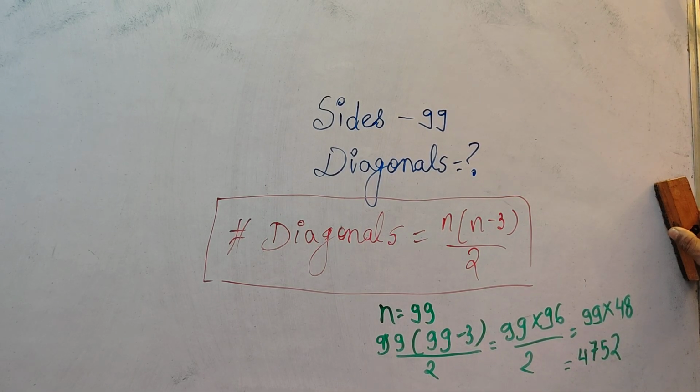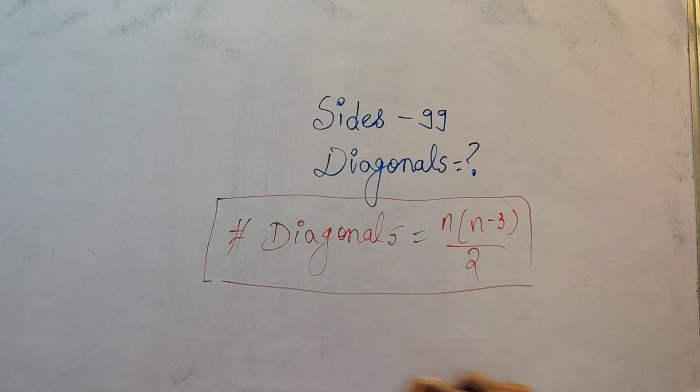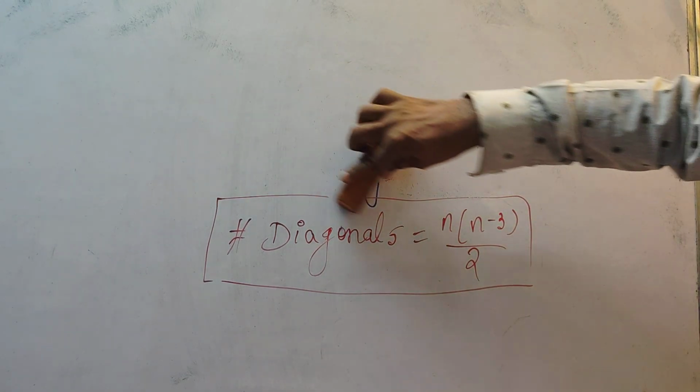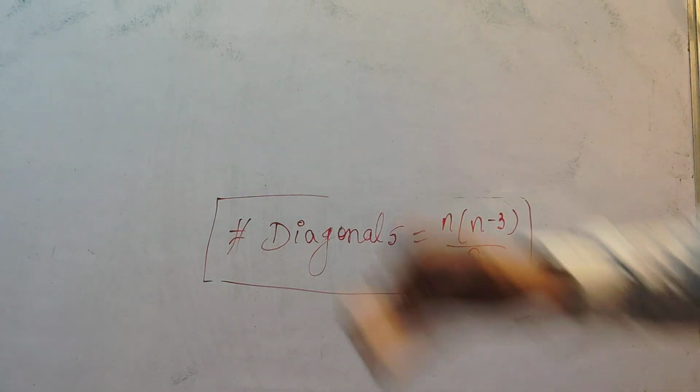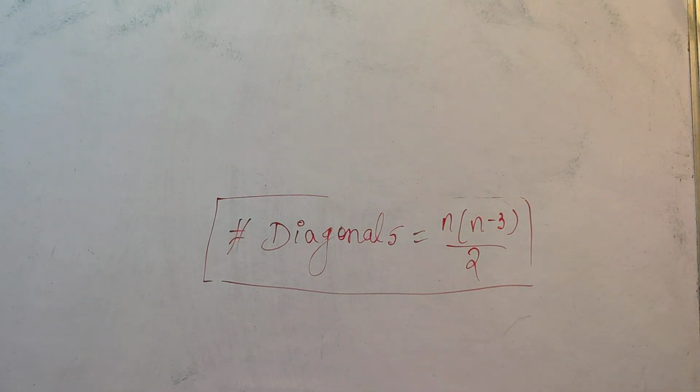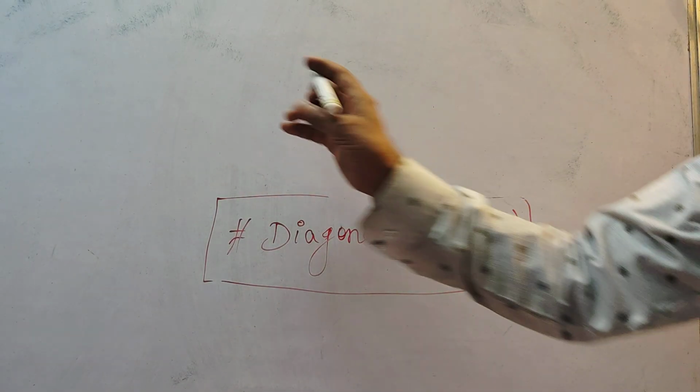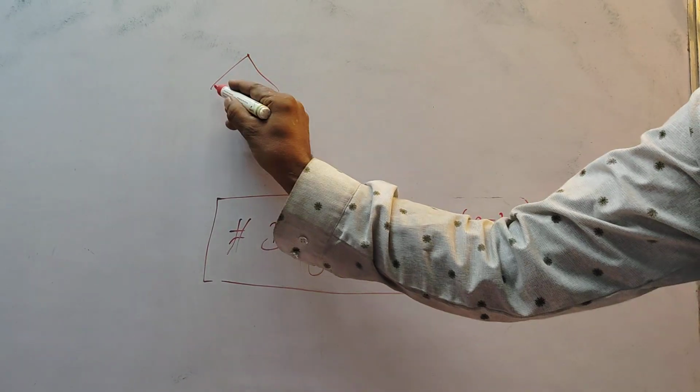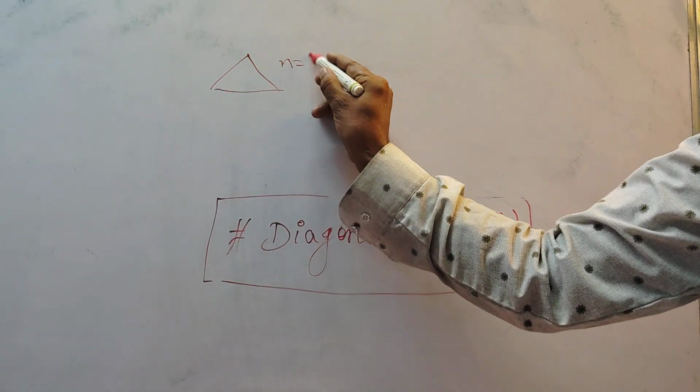Clear? Now let's check whether our formula is correct or wrong. Come to the triangle again. For a triangle, n is 3.